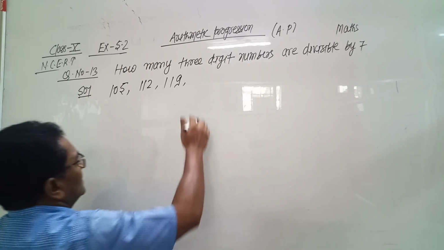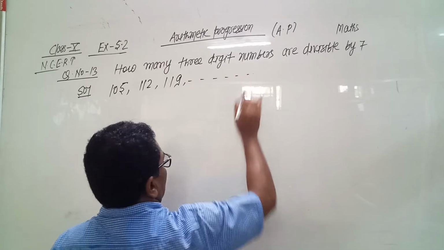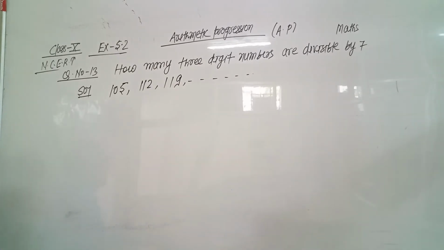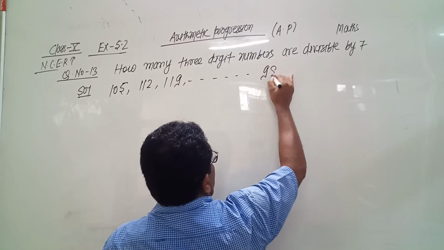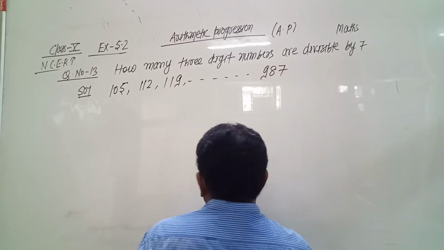And the last 3-digit number: select the last 3-digit number which is divisible by 7, will be 987.